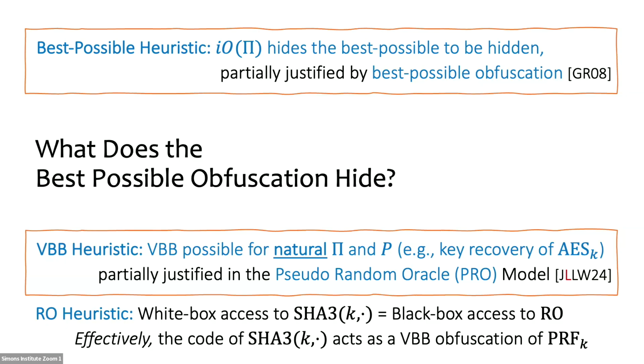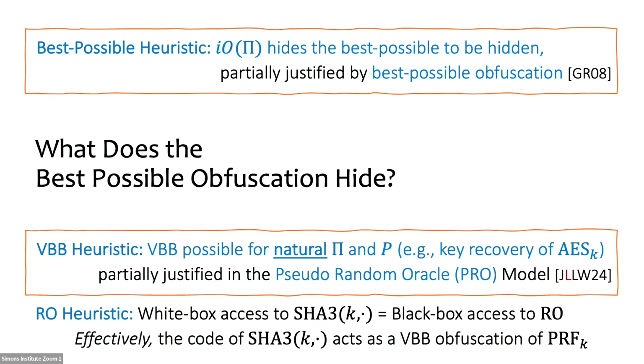Let's think about what the random oracle heuristic says. It says that given white box access to a real-world hash function, say SHA-3, this amounts to having black box access to the random oracle. So effectively, we can view the code of SHA-3 with a random prefix k in some sense as a virtual black box obfuscation of a PRF with key k.